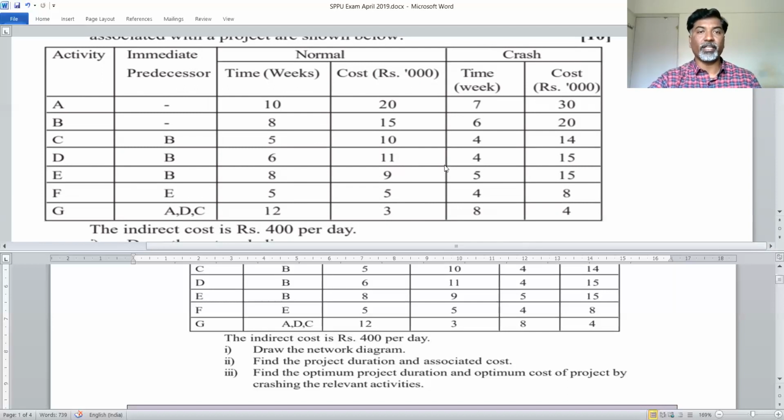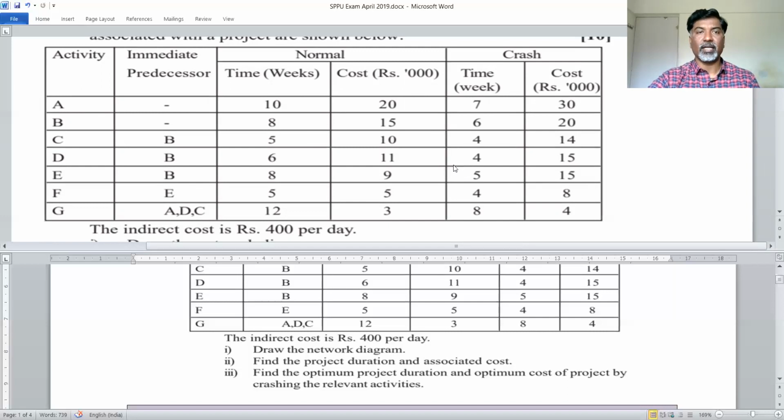So the maximum you can reduce this activity is up to 7 weeks. The total normal time required is 10 weeks, but you can reduce that activity up to 7 weeks, and for that, the cost required is 30,000.